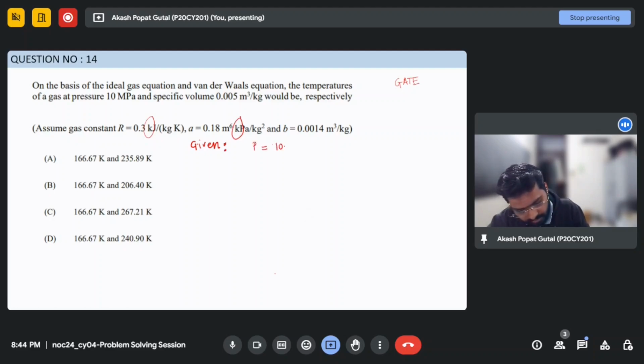Pressure is given as 10 megapascal. Volume is 0.005 meter cube per kg.